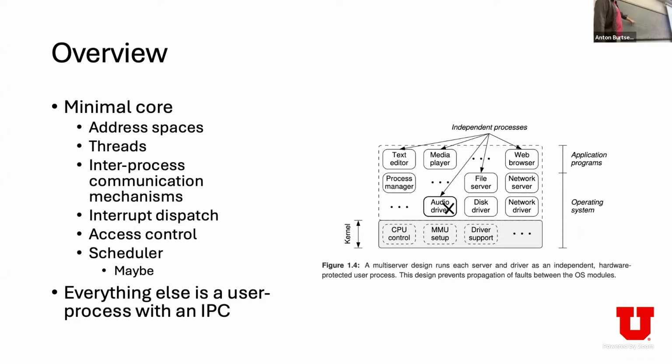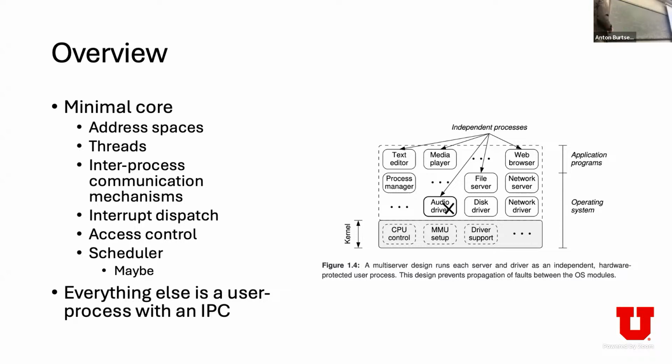The idea is that if you can implement something outside of the kernel without significant performance loss, then you should. There are a couple of reasons here. First of all, when you keep the microkernel really small, as Jerry mentioned, you can reason about the correctness of this code up to the point that you can actually verify it.